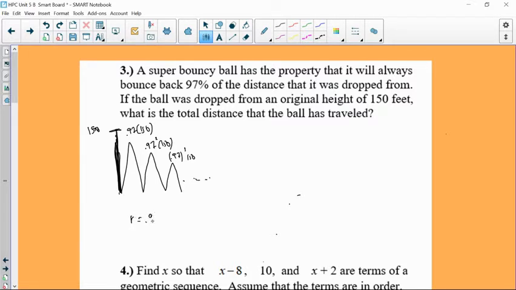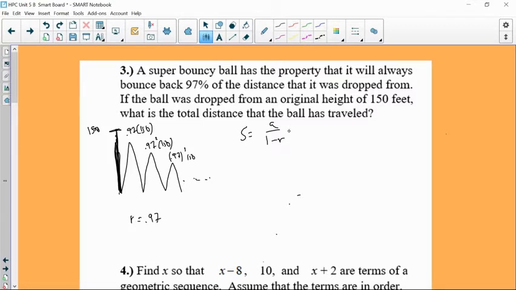This r is 0.97, and we know that the first height is 150, and then the second height would be 97% of that. So my first term is 150, and so it's an infinite geometric series, and we know the ratio is less than 1, so we can figure out that the sum is equal to a over 1 minus r.